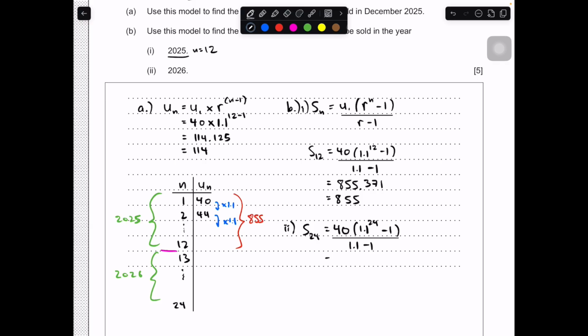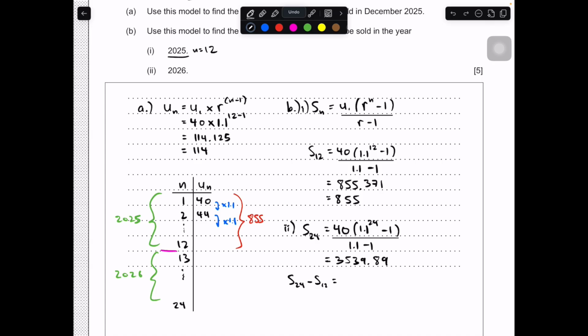If we know that this was 3,539.89, if we take the sum of the first 2 years and take away the sum of the first year, then we'll have just what we sold in 2026. So here we go. S24 minus S12 will give us S12 to 24.